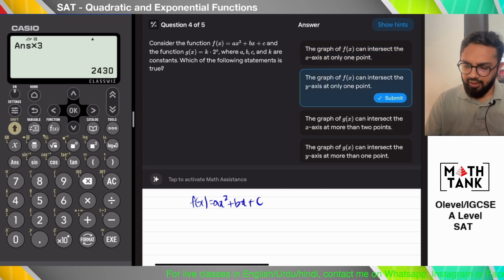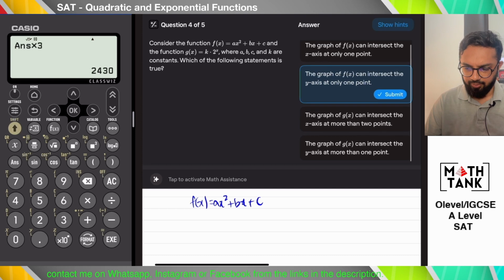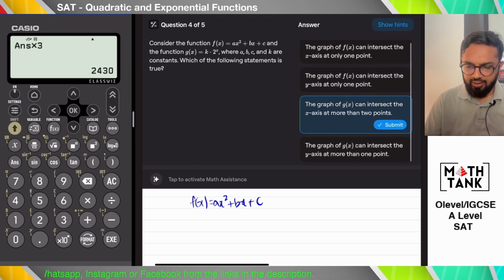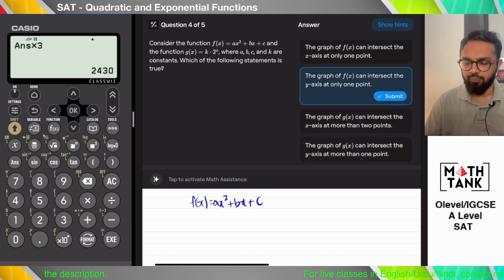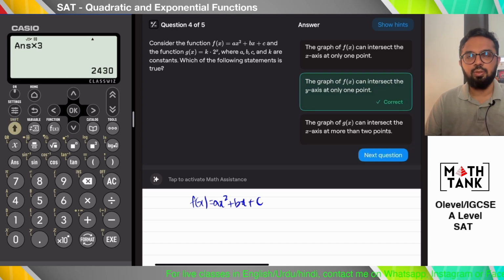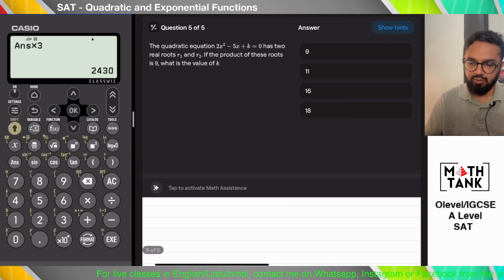The graph of f of x can intersect the y-axis at only one point. Yes, it only has one y-intercept. That should be true. An exponential graph cannot intersect the x-axis, and it could not have more than one y-intercept. So that looks like the perfect answer. Let's check. Yes, that is the correct answer.